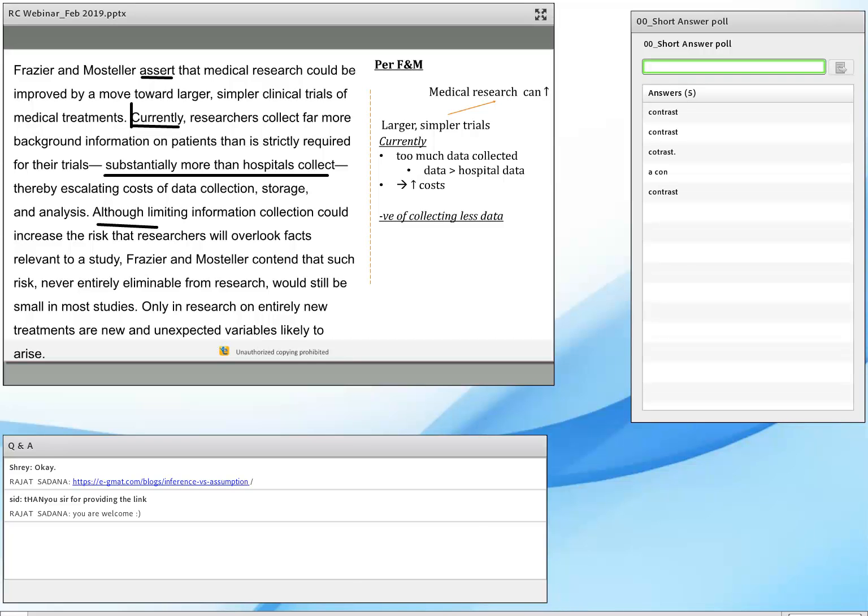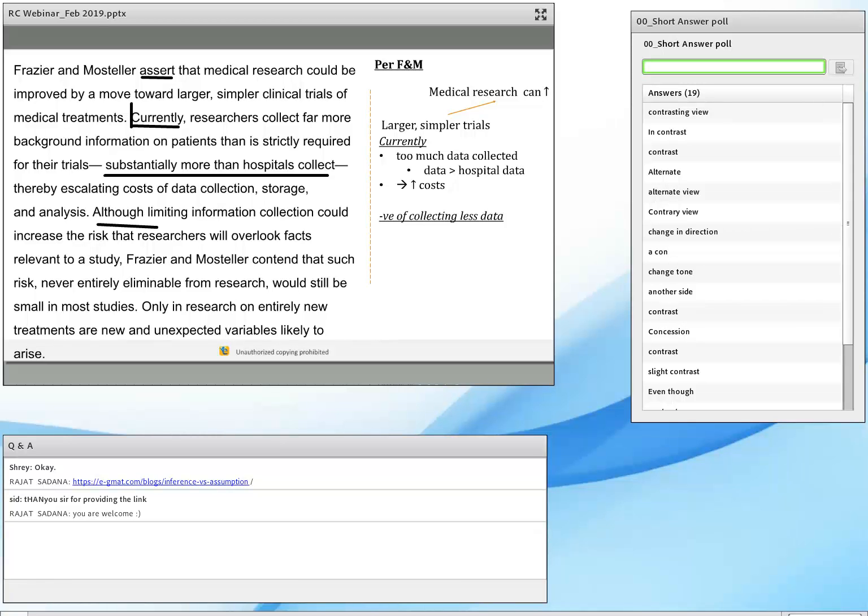Although is a contrast word. Although is used to change the chain of thought, and that's very, very important. The moment you see the word although, pause and say, the author is going to go in a slightly different direction right now. It could also be a completely opposite direction.